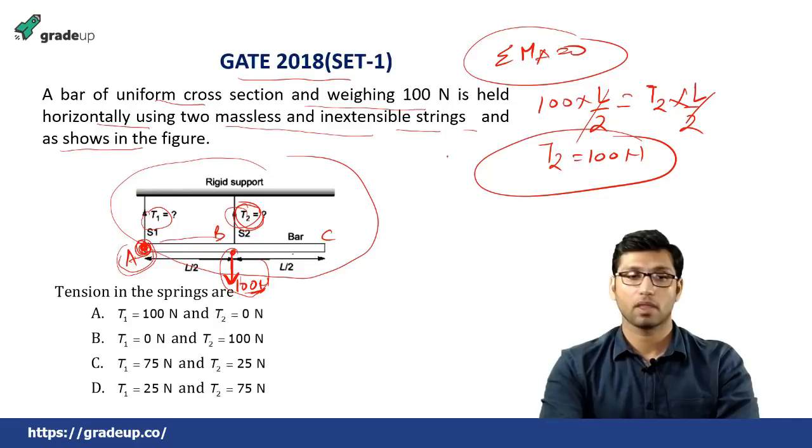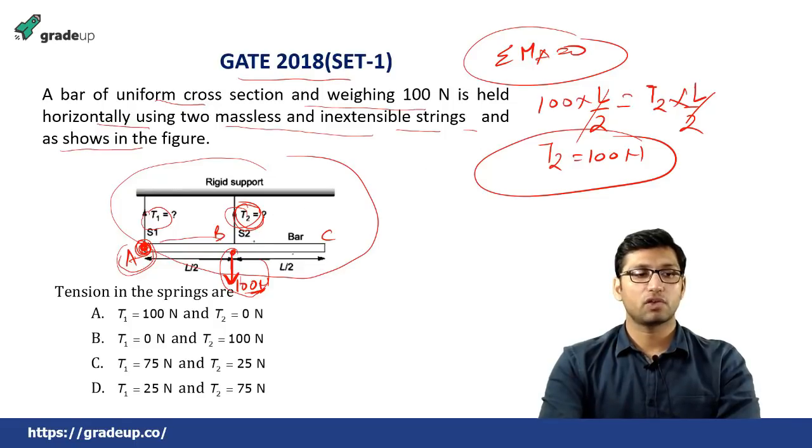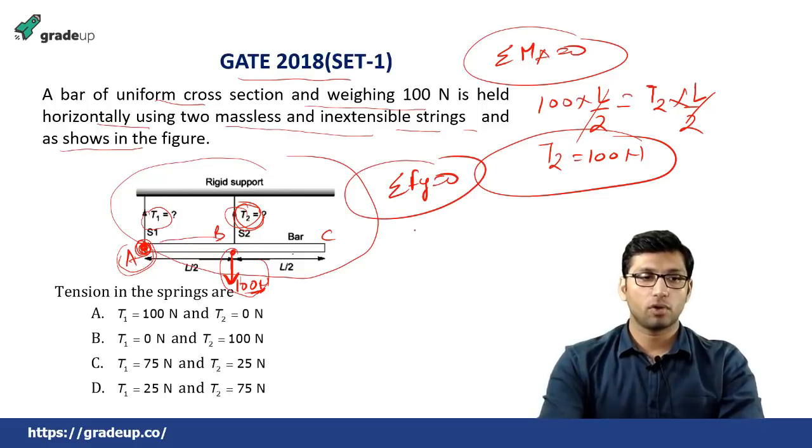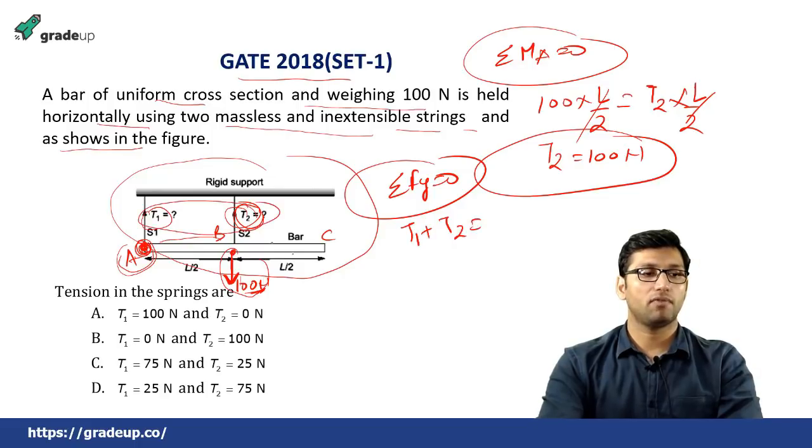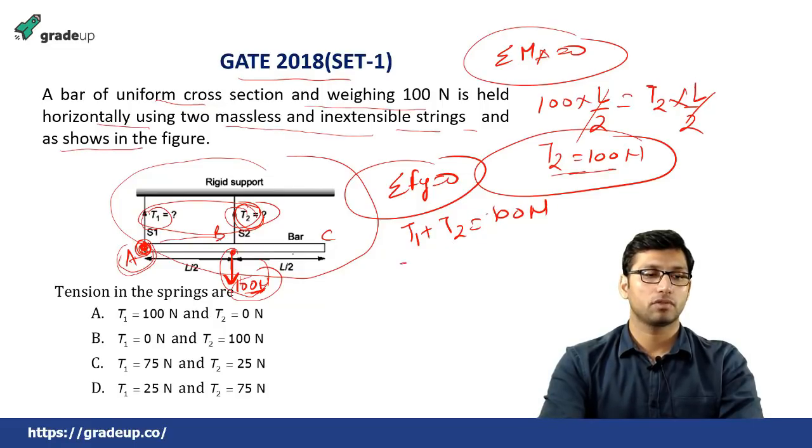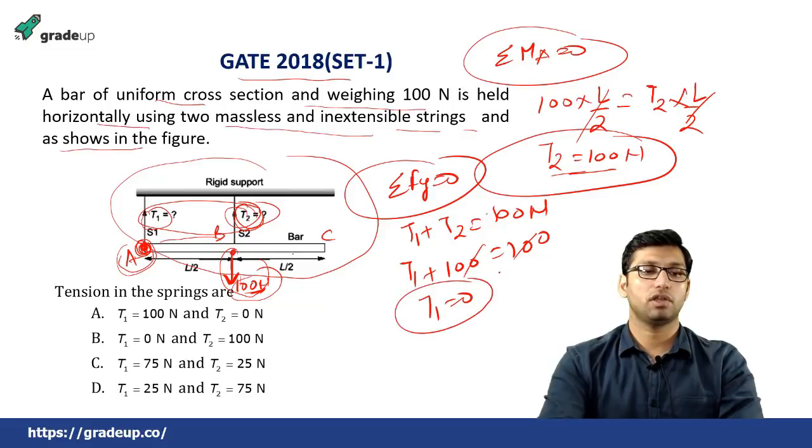The second equation that will be applied is equilibrium of forces. From equilibrium of forces, the net tension acting upward will be equal to the weight, which is 100 Newton. Since T2 is equal to 100, T1 plus 100 equals 100. After solving it, you will get T1 equal to 0 and T2 equal to 100.